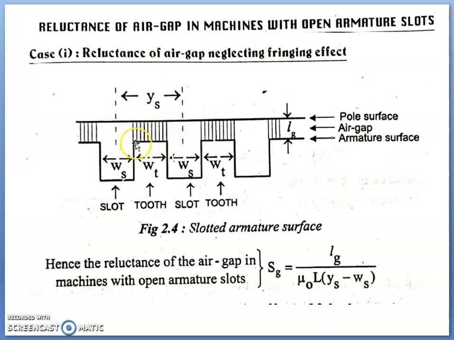So here this is the area we have to calculate. How can we calculate the area? The other side length is the same; only this YS will now be contracted, and YS is not going to be considered as it is. We have to subtract the air gap length available at both sides of the tooth. So here half of W is the width, and here also one half of W.